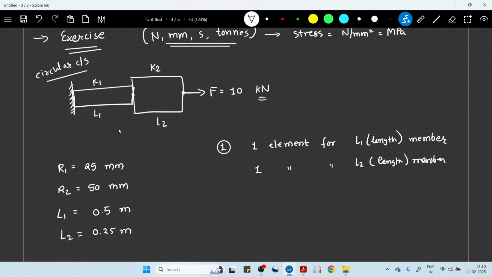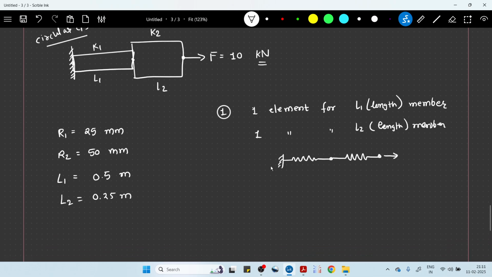So it will be something like this. For this problem, all loads and boundary conditions are given. To solve the problem, we have to find u1 and all the unknowns. I will not tell you; you have to find all the unknown displacements.